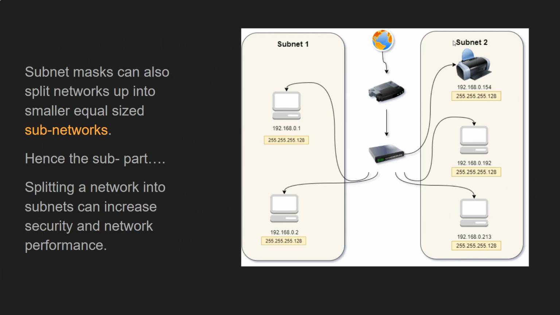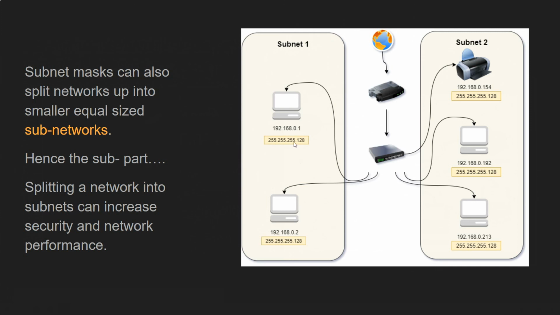So 256 divided by 2 would mean that there would be 128 IP addresses within this subnet here and 128 IP addresses available within this subnet here, or thereabouts. I'm going to talk about it in a minute. So we can do this entirely through our network configuration rather than having to buy extra hardware, and this is known as subnetting, and it's where subnet masks come in.